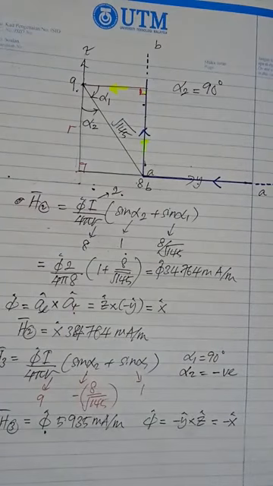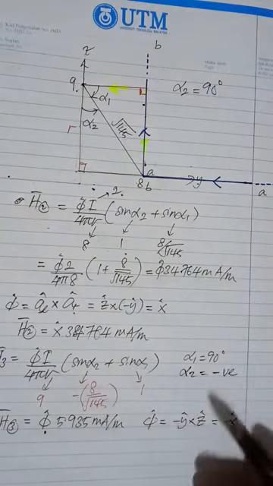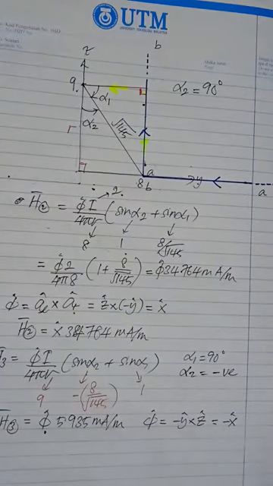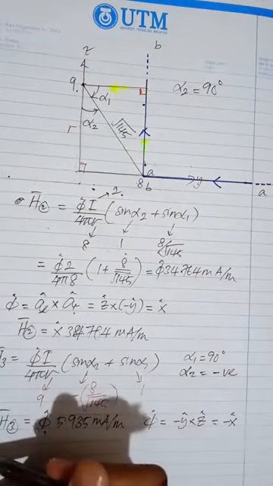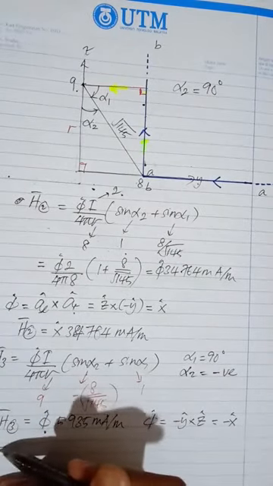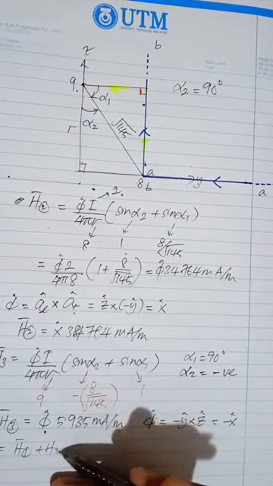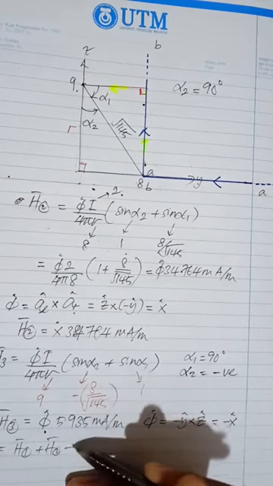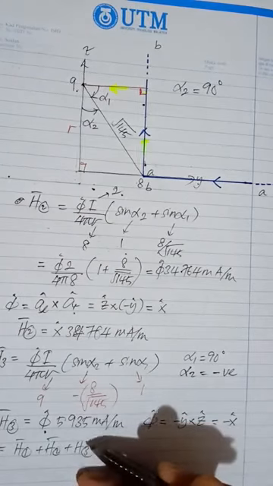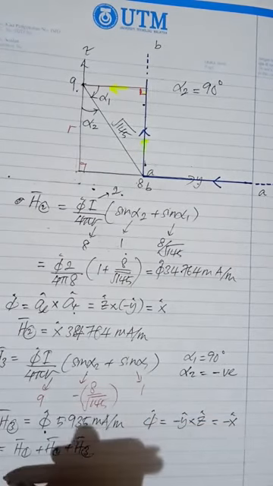Okay, so if you combine all this H from all the sources of current, you can have the H total become H number 1 plus H number 2 plus H number 3, given as here.